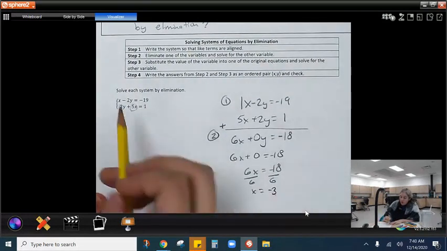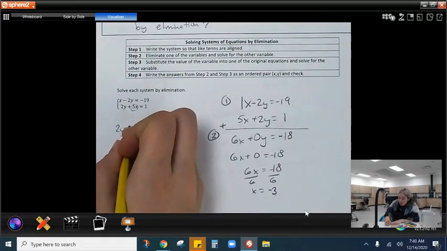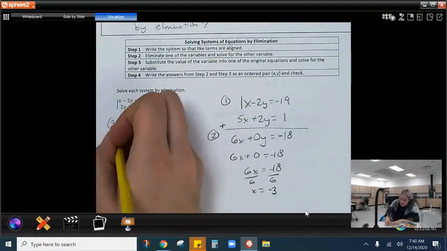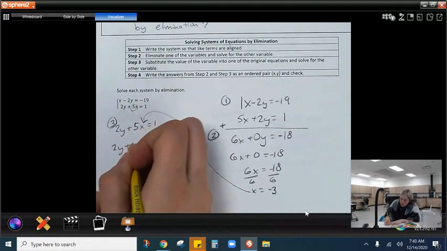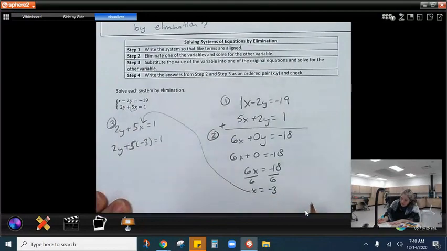So now that we know one of our variables, we're on to step 3 here, which says to substitute the value of the variable into one of the original equations and solve for the other variable. Doesn't matter which one we pick. I'm going to go with this second one here. So 2y plus 5x equals 1. And I want to substitute in my x equals negative 3. So 2y plus 5 parentheses negative 3 equals 1.